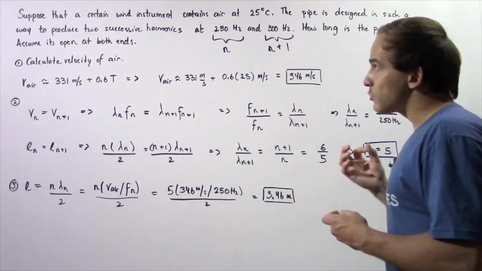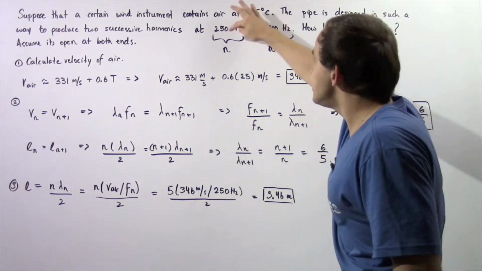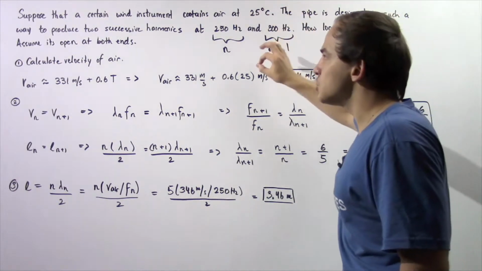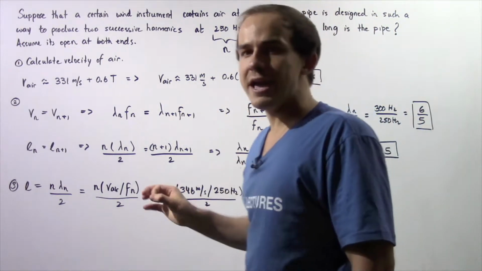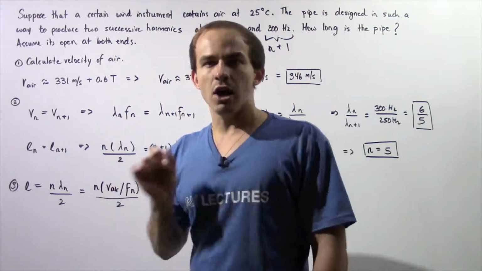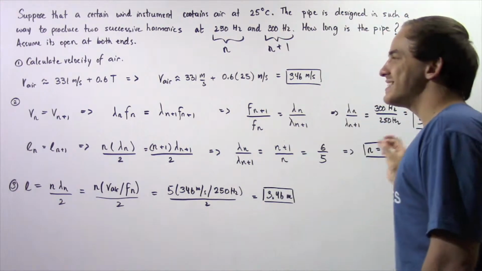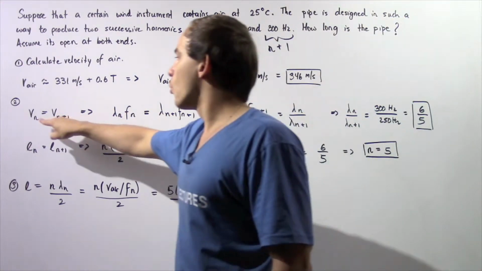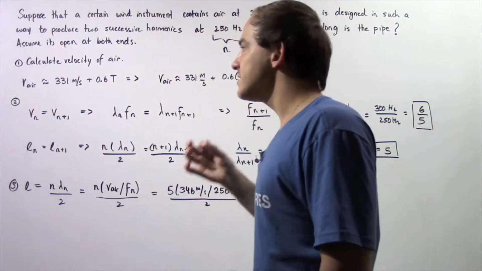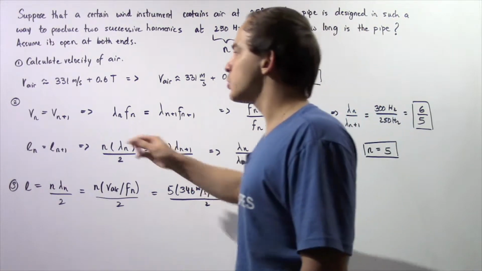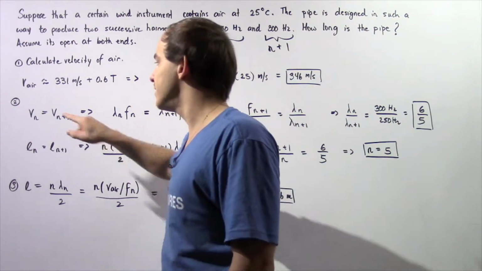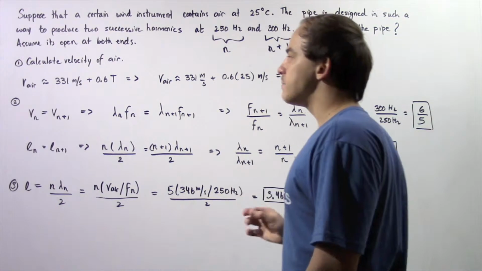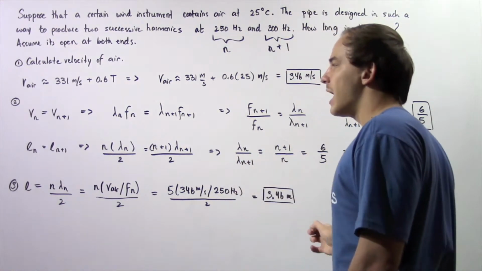Let's begin by realizing that these two frequencies correspond to two different standing waves, and the velocity of those two standing waves is exactly the same. In other words, the velocity of the standing wave that corresponds to the n harmonic is equal to the velocity that corresponds to the n plus 1 harmonic.